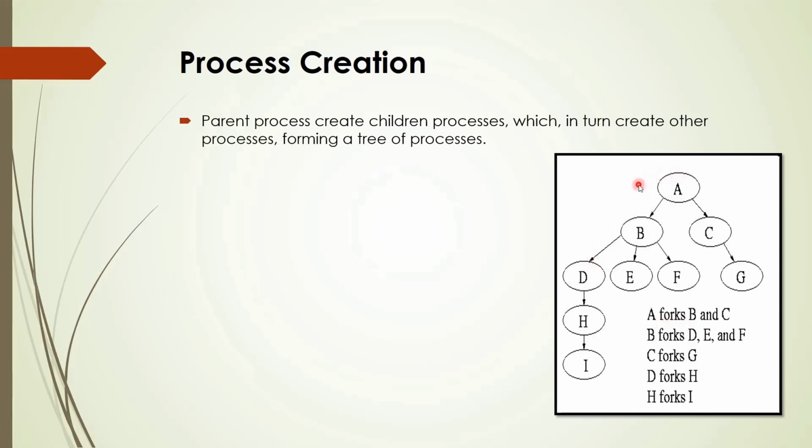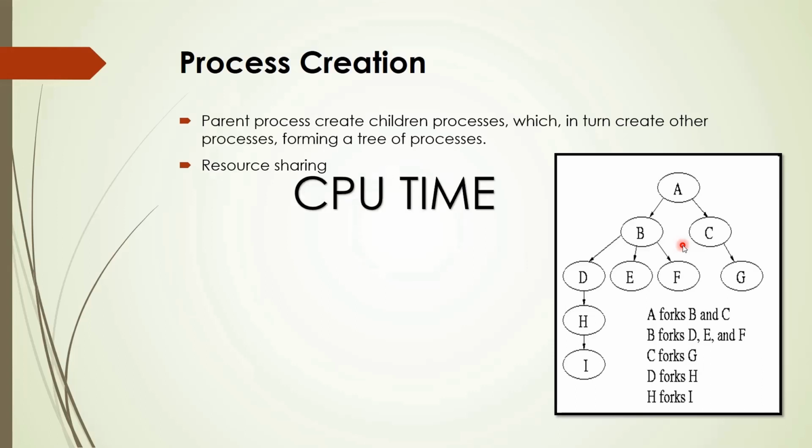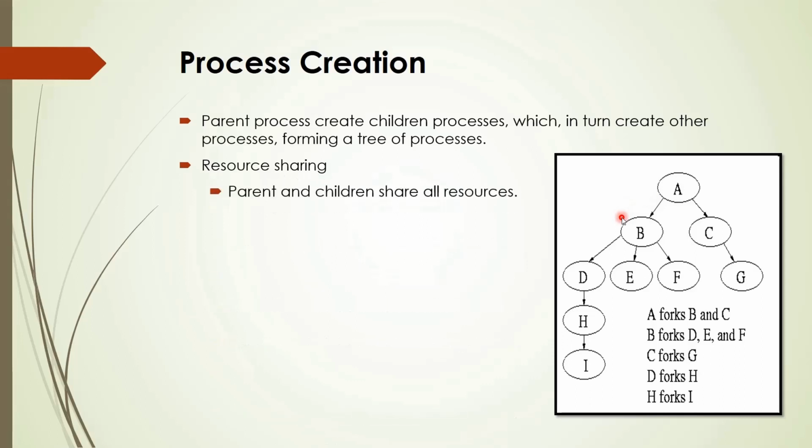Now when process A creates process B, C and so on, they must share the resources. So how do they share? First of all, let us look at what the resources are. Resources can be memory, CPU time, files, input output devices. These are the resources which all the processes, the parent as well as the child process, will share. So there are three possibilities. In the first possibility, parent and child share all the resources.